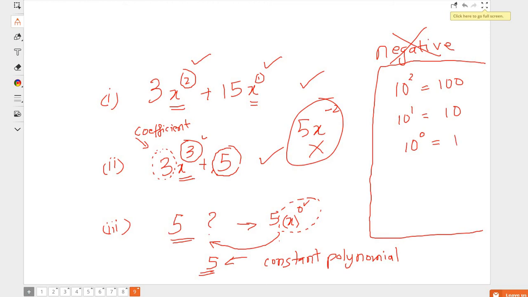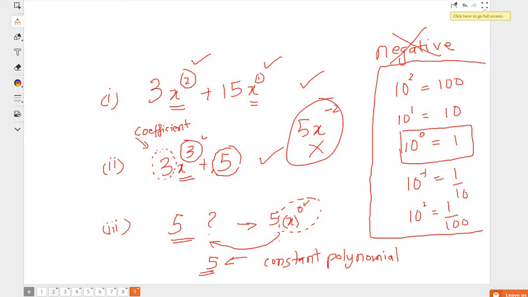This is important because we will be moving towards zeros of a polynomial, so zeros should not confuse us. 10 power 0 is 1. Now 10 power minus 1 is 1 by 10, and 10 power minus 2 is 1 by 100. I will always keep this chart handy so that people don't get confused with the powers.